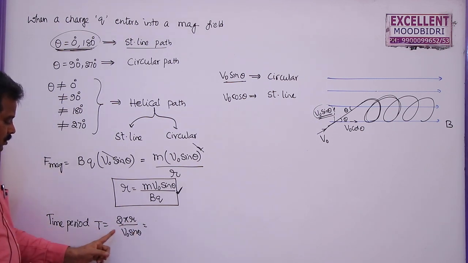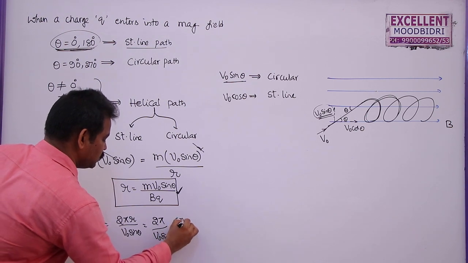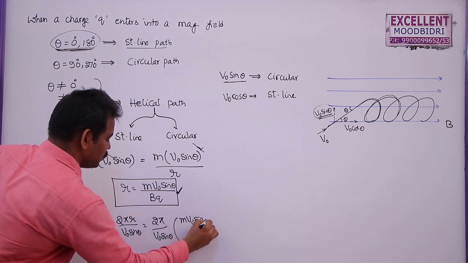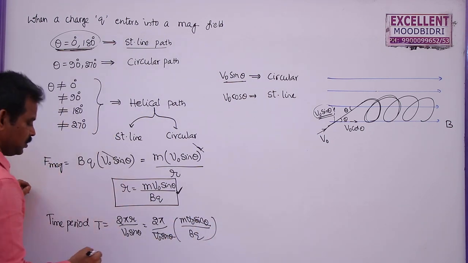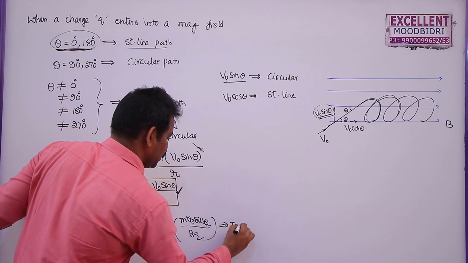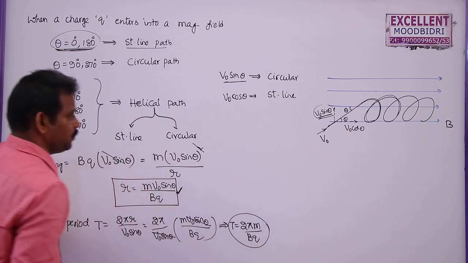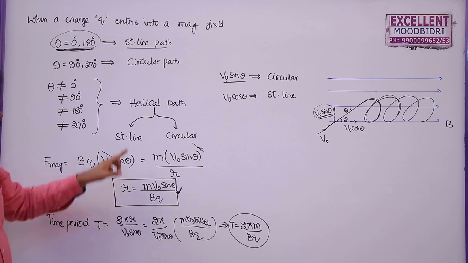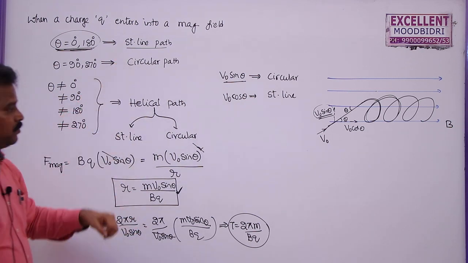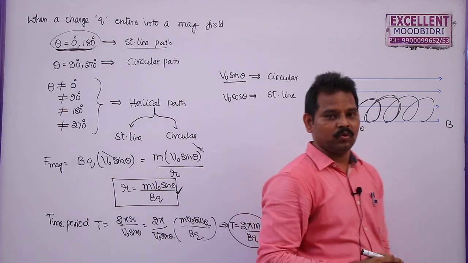Because this is related to v naught sin theta, you can write 2 pi by v naught sin theta, and r is equal to m v naught sin theta by B Q. You can cancel v naught sin theta, and the time period will be equal to 2 pi m by B Q. So this is similar to the previous case where the charged particle is moving in a circular path. The radius will be different, but the time period will be the same. That means the time taken to complete one circular path will be equal to 2 pi m by B Q.